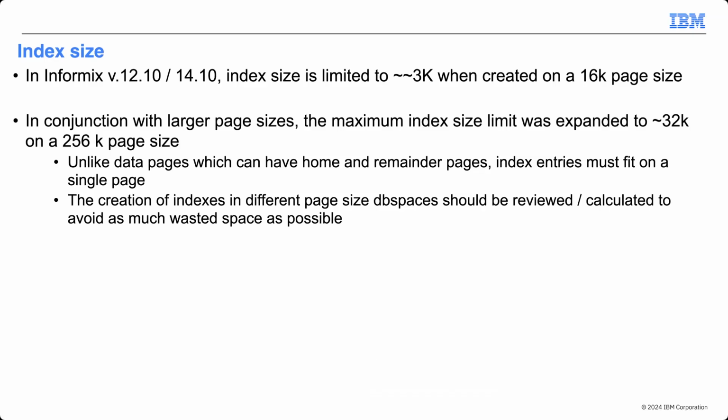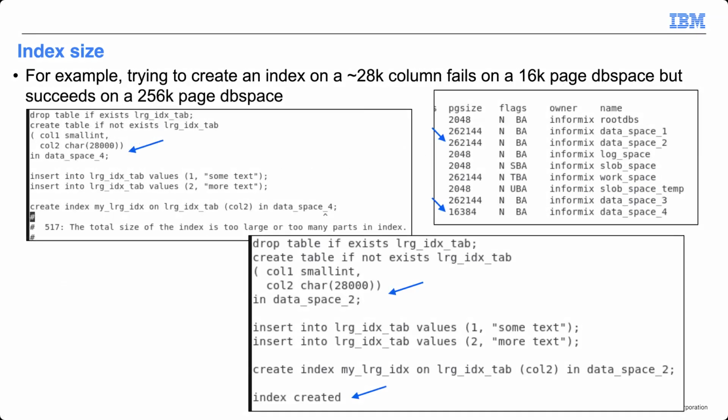So if you want to use a 32 kilobyte index size, you can only create those on a 256K page size, because that allows us to create 5 index entries per page. But you can see here, I have a 28 kilobyte row.